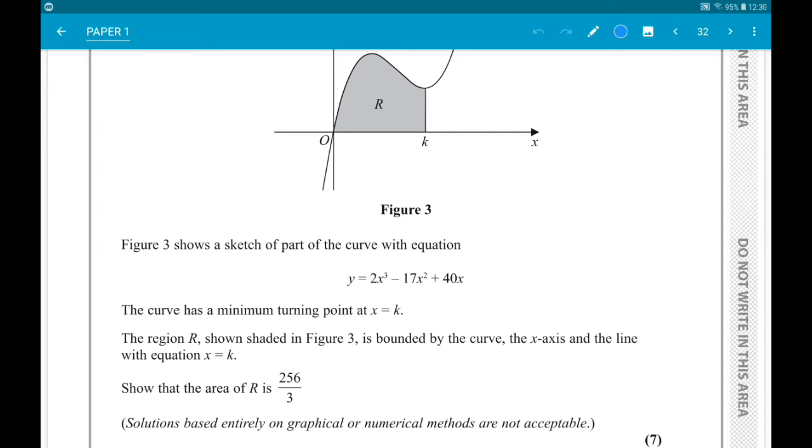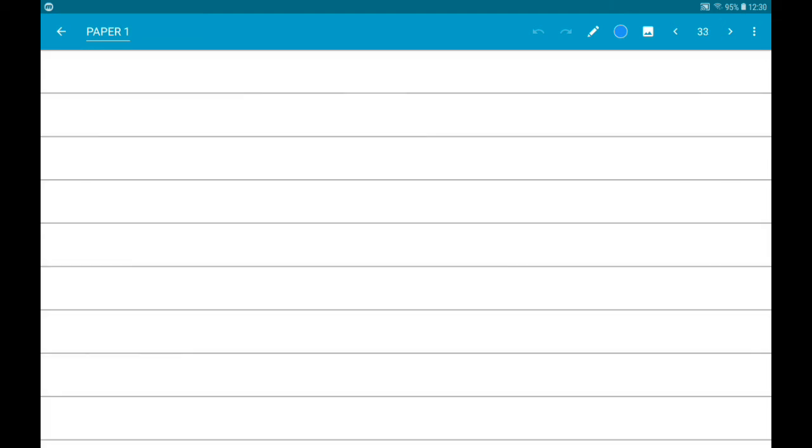Okay, so we know that the area is the integral between 0 and k of y with respect to x.